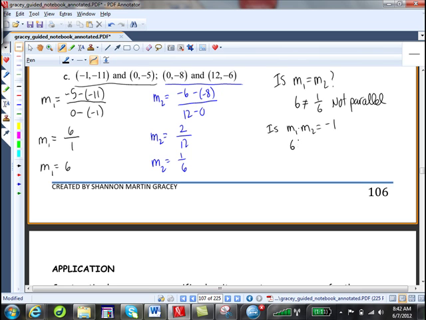Well, we've got 6 times 1/6. Is that equal to negative 1? 1 is not equal to negative 1, so not perpendicular. So, what do we say? Neither.